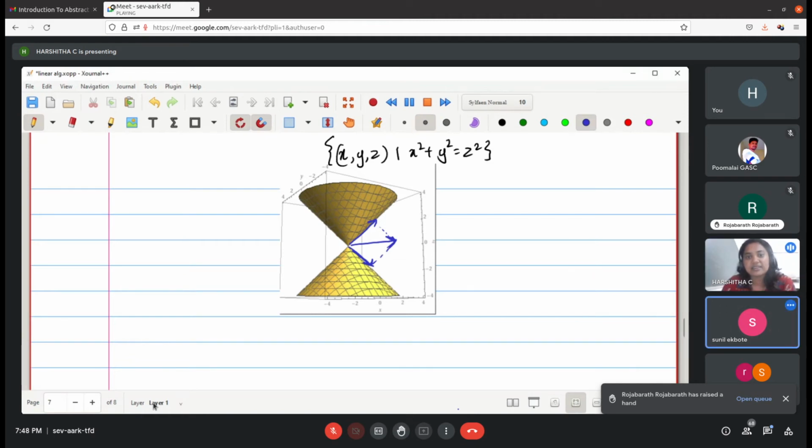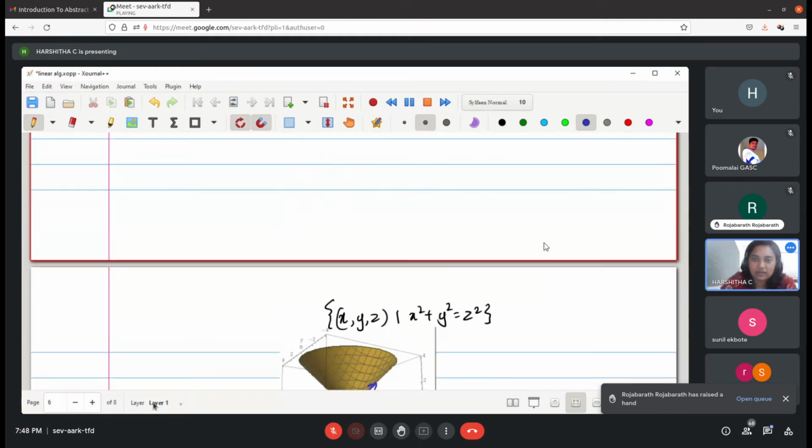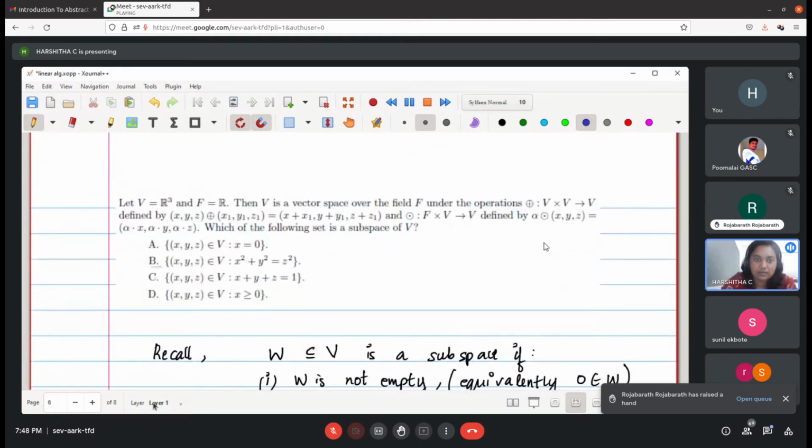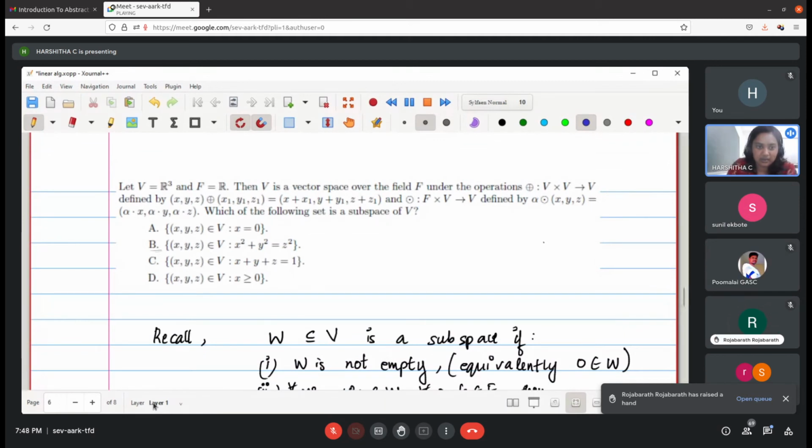So the condition of the vector space is not being satisfied. The sum of the vectors is not belonging to the subset that we are looking at. So it is not a subspace.